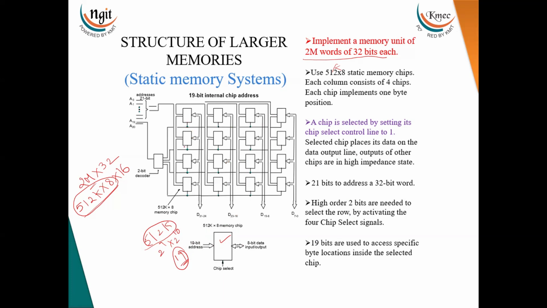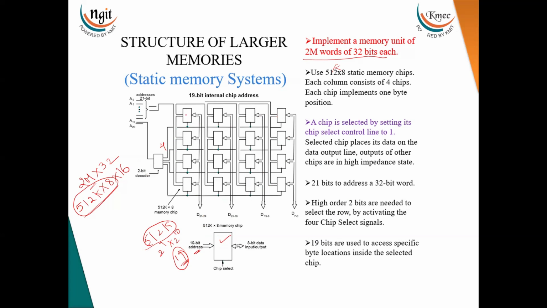Now these select bits are connected to this decoder. Total 16 chips are connected in 4 rows. So to select any one row from these 4, we need 2 input bits. To design this complete organization, we need the 19 address lines to select the row and column within the chip.